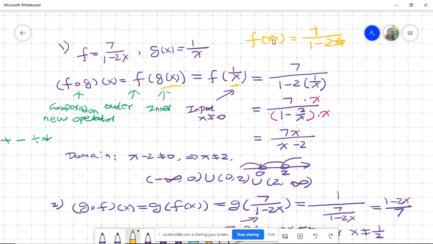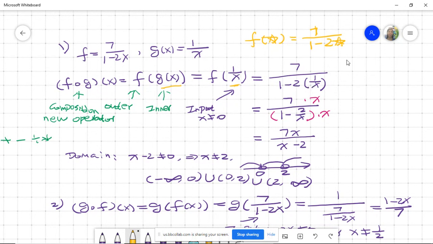So where's my star? That's 7 over 1 minus 2 star. The inside of the parentheses here is 1 over x, so I'm going to replace my star, or my bigger x, with 1 over x. Think of this x as a variable that can be changed to anything inside the parentheses.